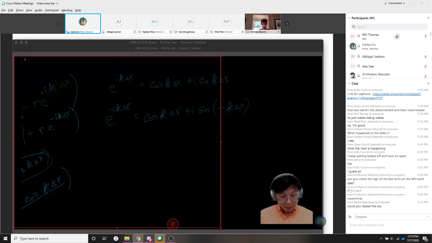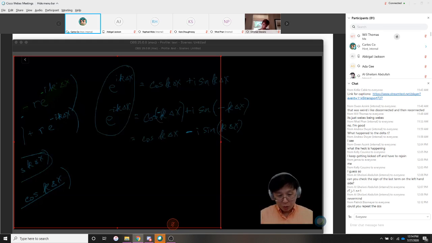But remember, cosine is an even function and sine is an odd function. So that's also equal to cosine k delta x minus i sine k delta x. So sine of negative theta is negative sine theta, and cosine of negative theta is cosine theta.